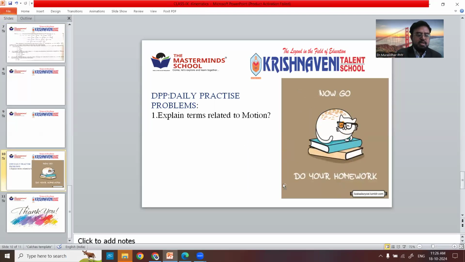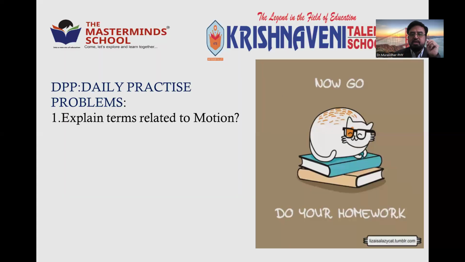All the terms you can explain, starting from distance to acceleration and negative acceleration. You might have already written it point-wise. Keep it clear, with clarity, and take the signature from your teacher while leaving the class, and from your parents after going home, so that they come to know what happens exactly in the class.